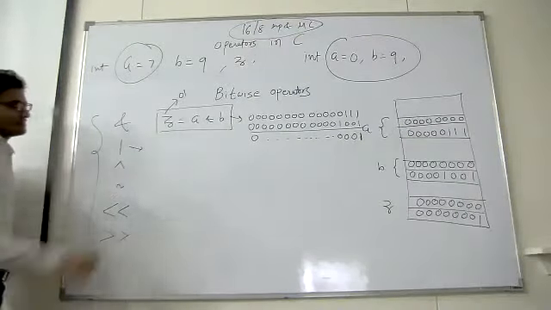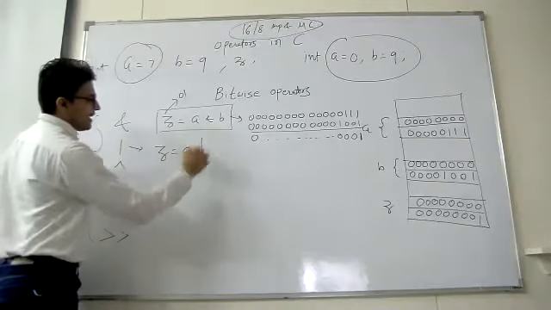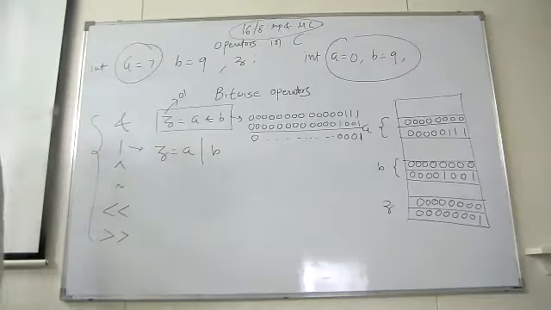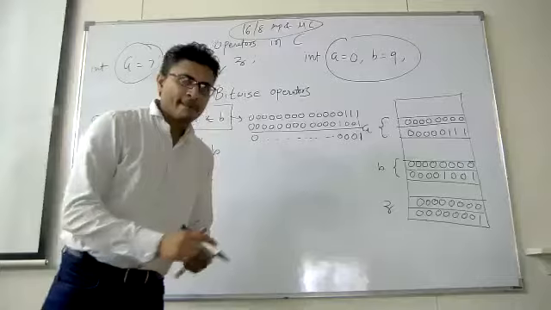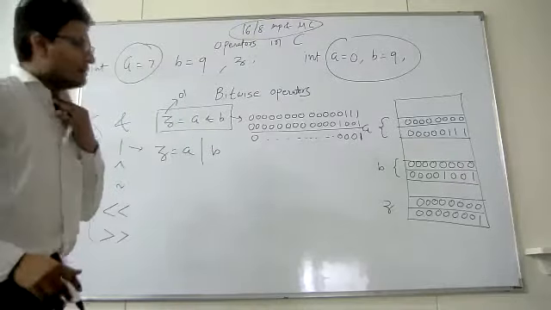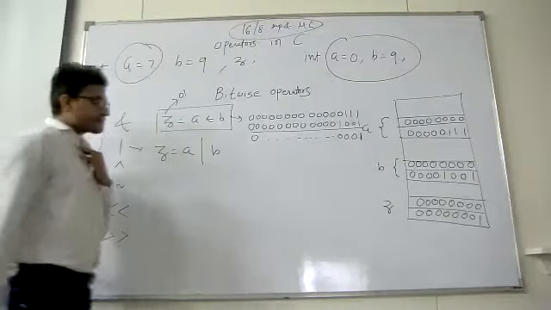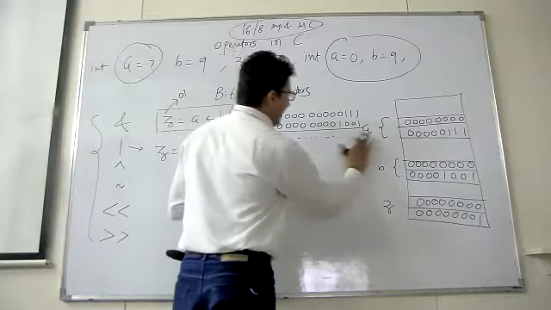OR operation: Z is equal to A OR B. The answer is 15. Why?